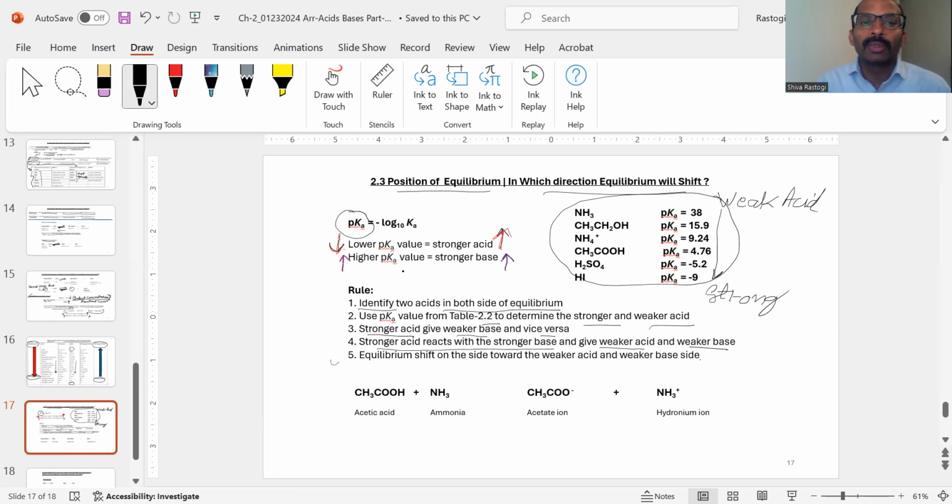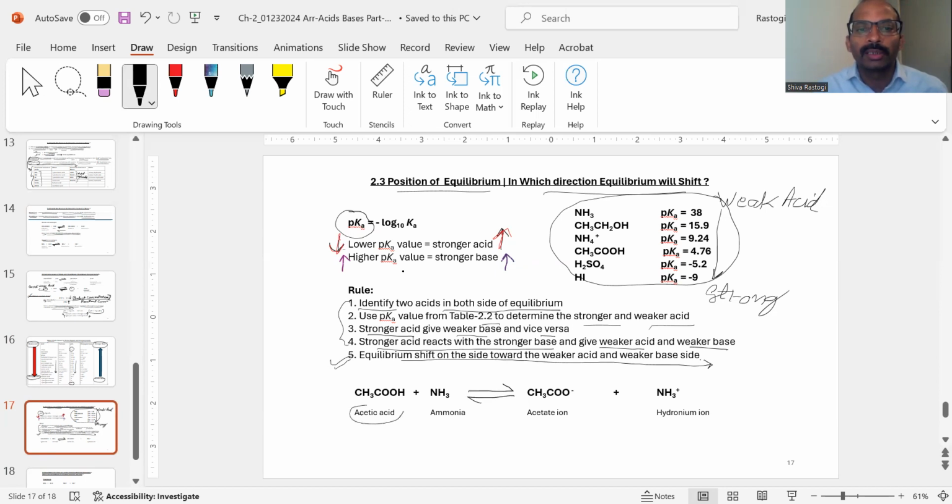Out of these rules, we conclude that the equilibrium will shift toward the weaker acid or weaker base side. For example, if we have acetic acid and ammonia, in this reaction we have to determine what the two acids are.